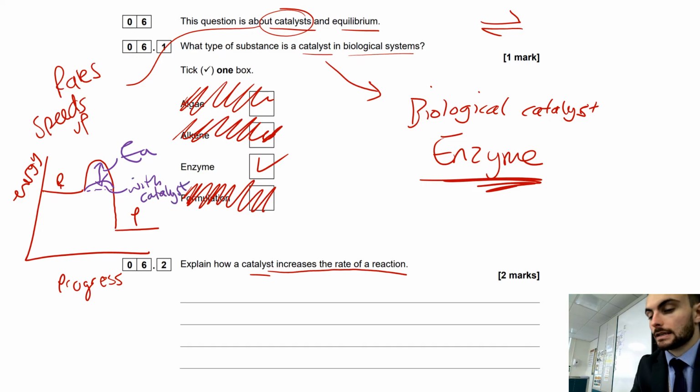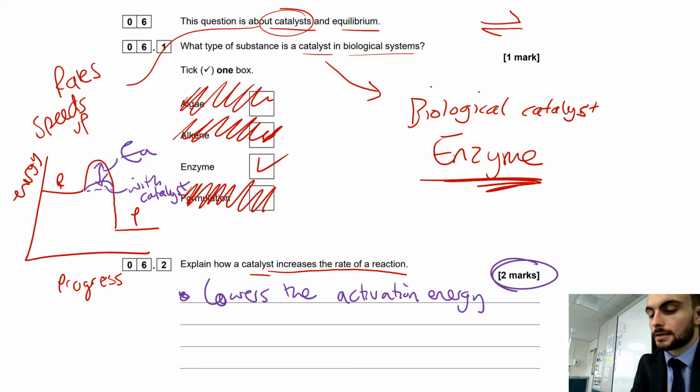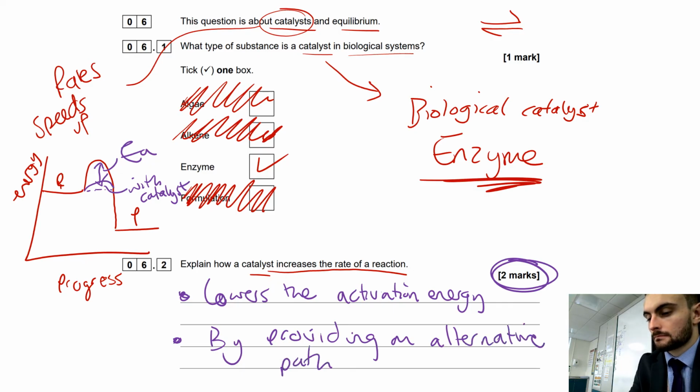So less energy is needed to get the reaction to start. So that's the first thing we can say, it lowers the activation energy. And your second mark, because you need two things, is by providing an alternative pathway. There you go.